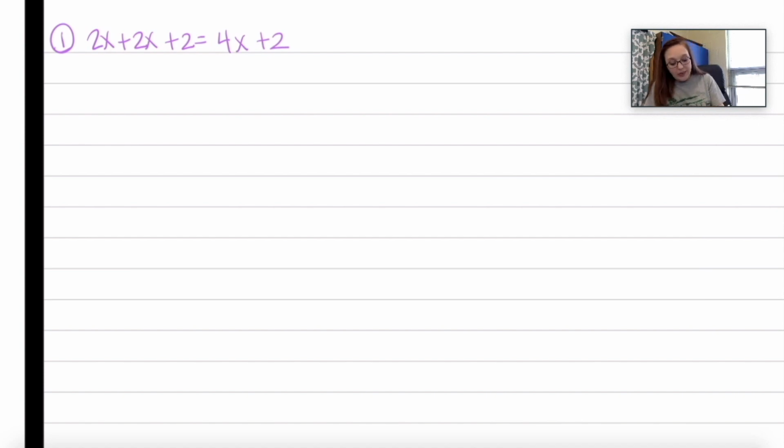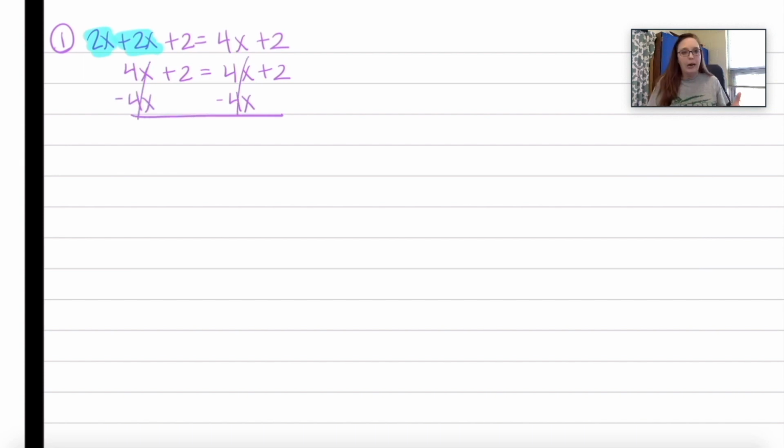Right here on the left side, I have like terms that I can combine. So I'm going to have 4x plus 2. And on the right side, there are no like terms. Equals 4x plus 2. Keep solving. No matter what, you're going to have to subtract 4x on each side. Look what just happened. The variables canceled. That leaves me with 2 equals 2.